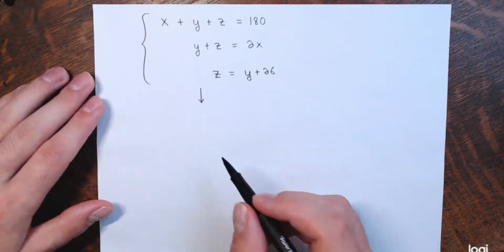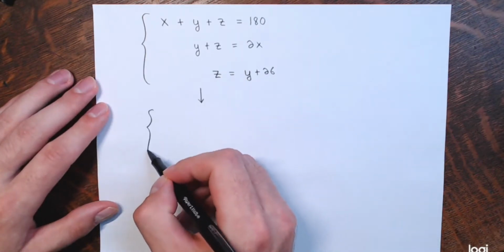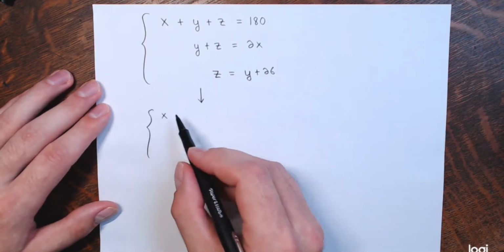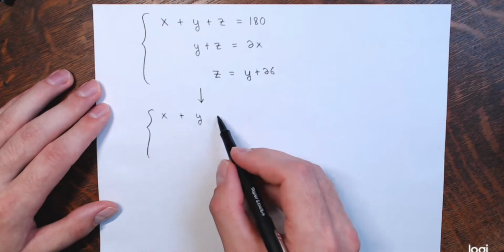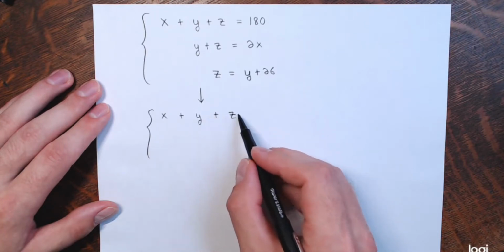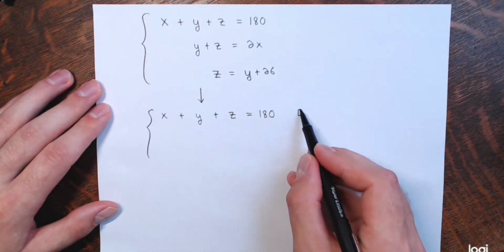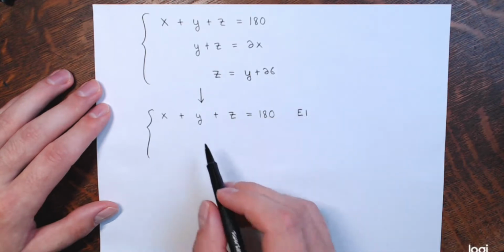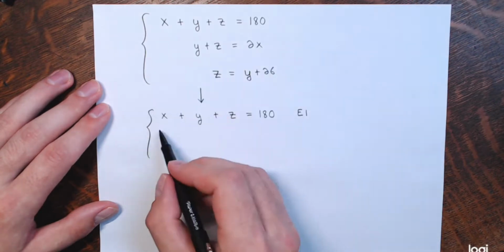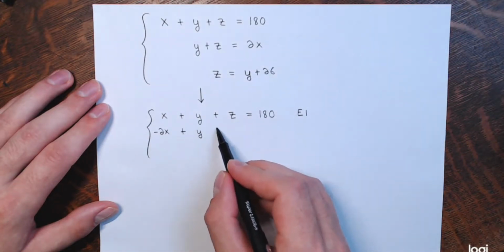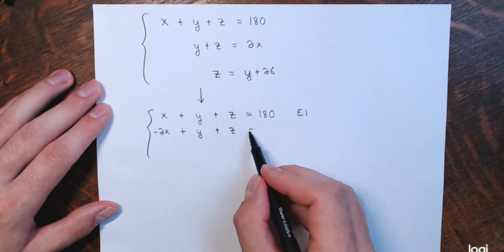Alright, so I'm going to change this now so that I can perform elimination. So get all the variables to one side, constants on the other, and line up like terms. So the first equation I'm not changing, I'll call that E1. Second equation I'd subtract 2x, so negative 2x plus y plus z equals 0.